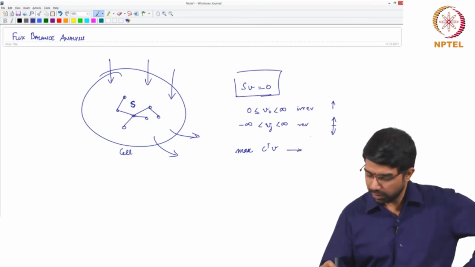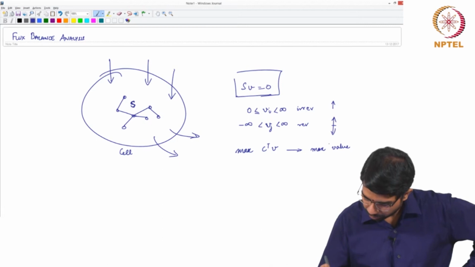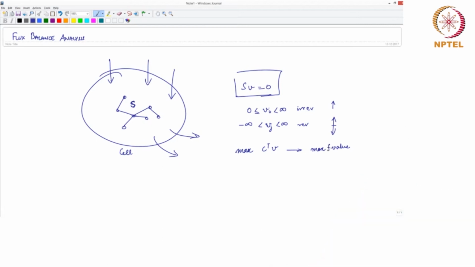When you solve, you will get the max value, or what we call the max function value. This is basically c transpose v star, and the v star, which is basically your flux distribution.